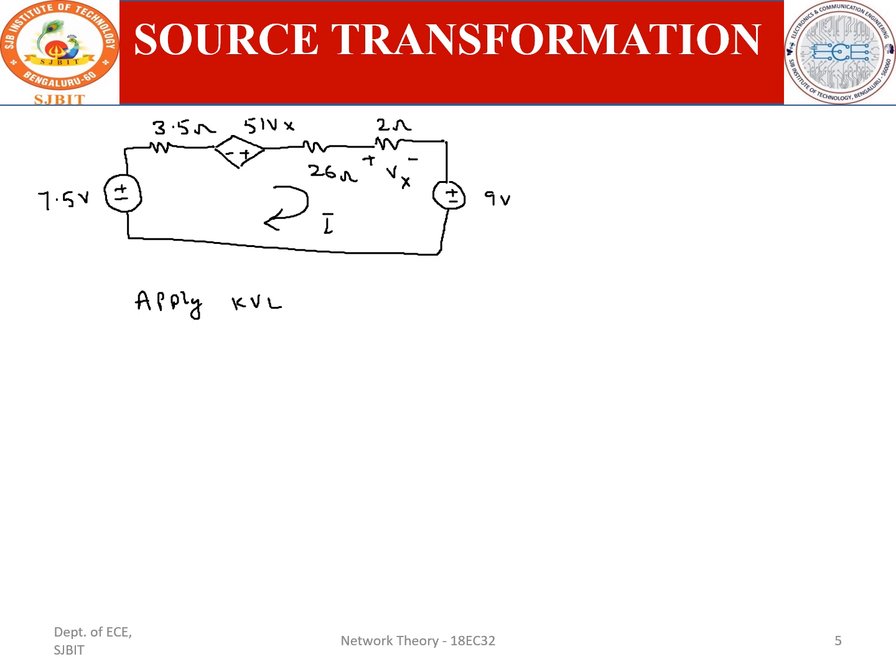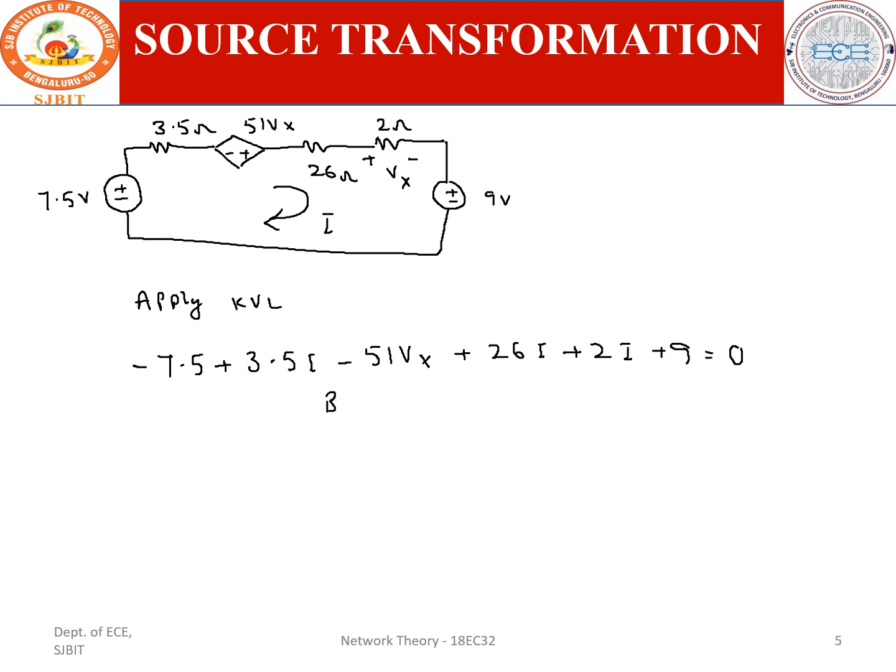So I'm moving like this, and first it is a minus sign, so we take minus 7.5 plus, and I consider the voltage drops as I move around. The drop across this resistor is 3.5 I, since V is equal to I into R. So it is 3.5 I minus 51 Vx plus 26 I plus 2 I plus 9 is equal to 0.